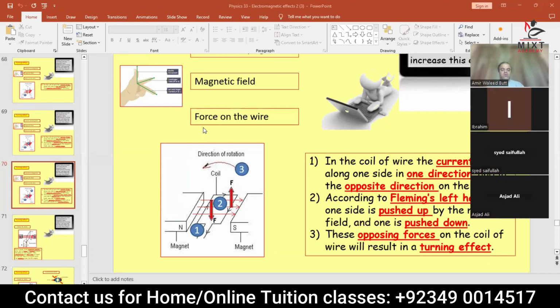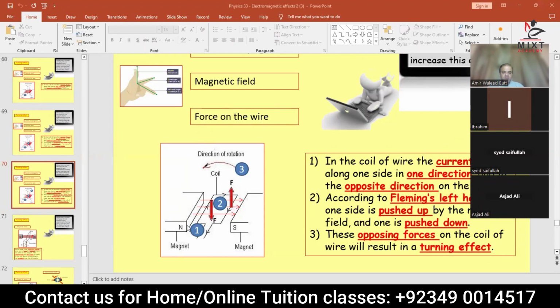How to find out the direction of a force? This finger, the straight line finger, shows you the direction of the magnetic field, and the second finger shows you the direction of a current, right? And that thumb actually shows you the direction of a force experienced on one side.